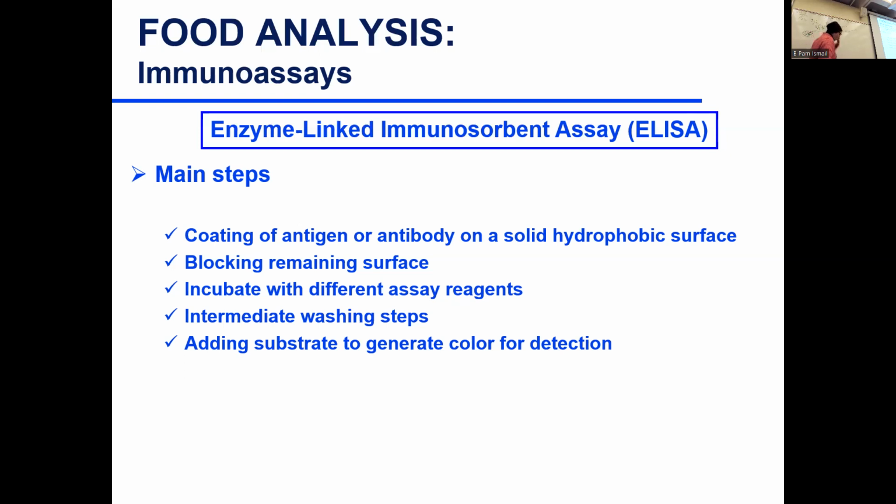Okay, so you want to know the different components in the assay. The hydrophobic surface, the capture antibody, your antigen. Don't forget your antigen. Your detection antibody that is labeled with the enzyme, your substrates, your product. Any questions? Okay.